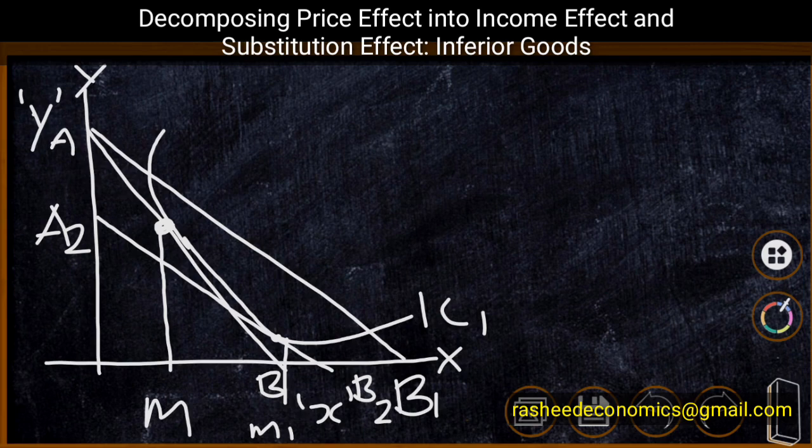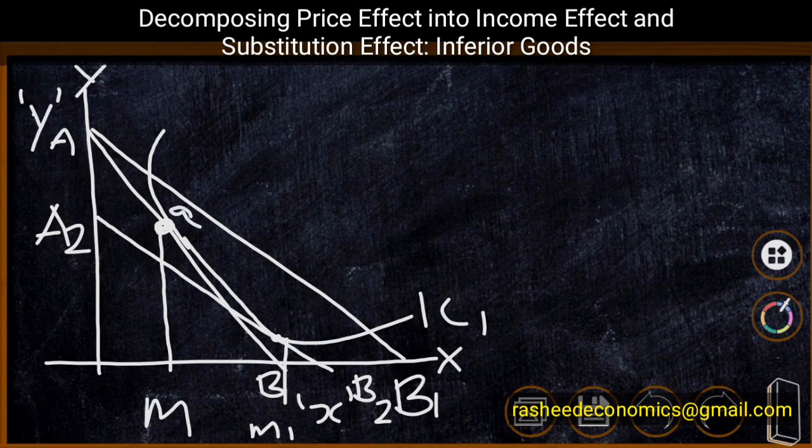Now we need to identify the negative income effect. For this purpose, we are giving back the amount of money that we have taken away from the consumer. Initially, we have taken away A2 amount of money. Now we are giving back the amount of money to the consumer, and the current income price line will be AB1, which is the income price line after the price reduction of the commodity.